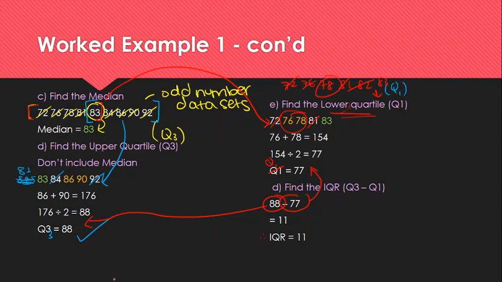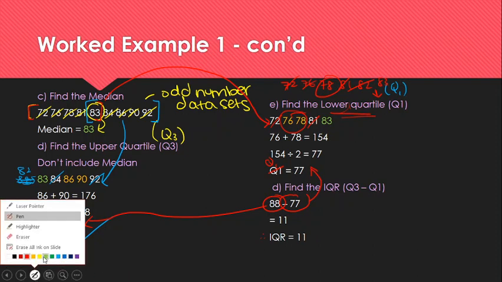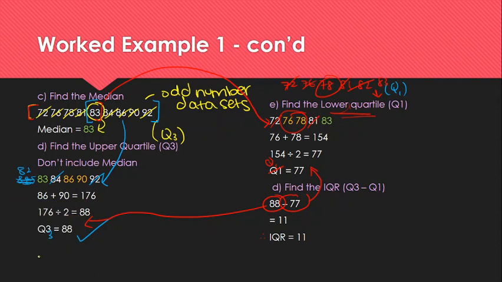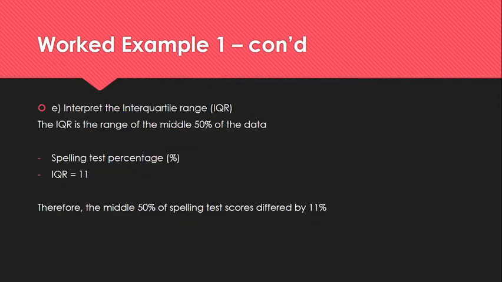Now, through the questions in your textbook, you'll find that some of them ask you to interpret the interquartile range, also known as the IQR. So you need to know that the IQR is the range of the middle 50% of the data. It's saying that everything between Q1 and Q3, so let me just show you a bit of a picture. This is the lowest number.